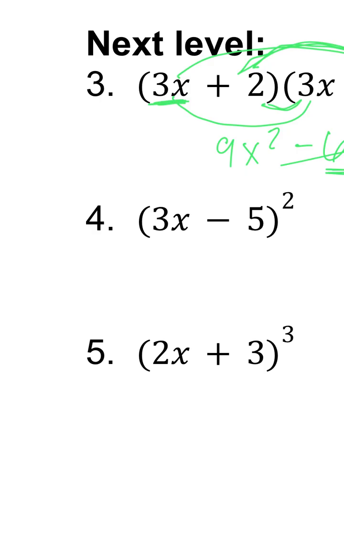Okay, number 4, 3x minus 5 squared. So we could do that, 3x minus 5 times 3x minus 5. So let's separate those, right? What everyone wants to do, and a common mistake a lot of students make, is they want to just square it like this, and we can't do that.